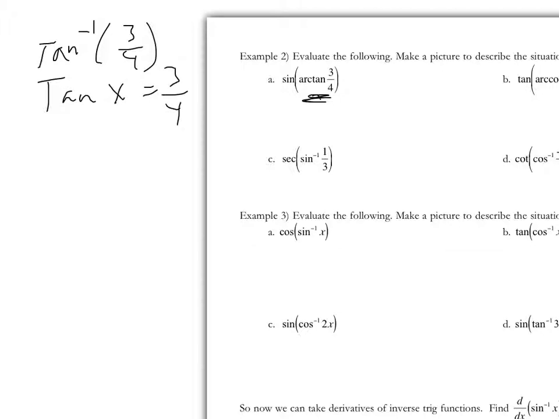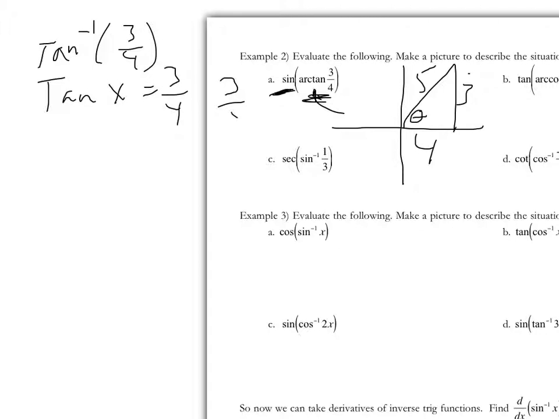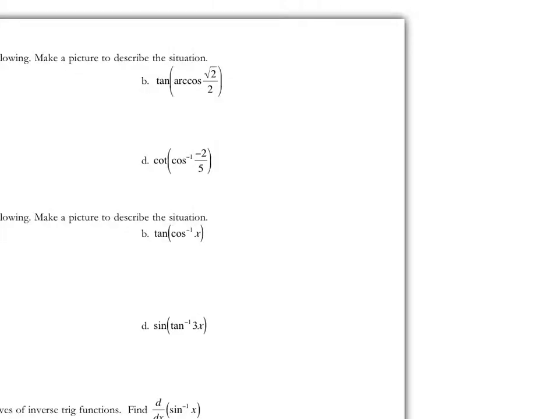So to draw a picture, let's see, it's positive 3 over 4, so that's 3, that's 4, and that'll be 5, because it's a 3, 4, 5 triangle. And now, here's the drawing that represents this. Here's the angle. We don't really care what it is. They're asking us now, hey, find the sine of that angle, whatever it is. Well, the sine's going to be 3 over 5. It's that easy.